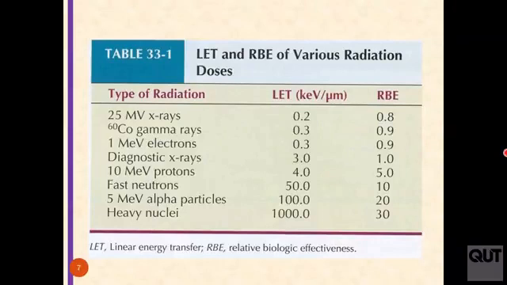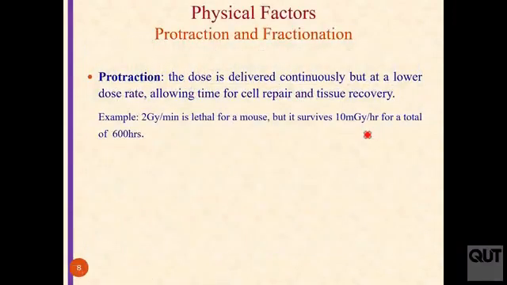X-rays and all photons are roughly about the same. They're given the same radiation weighting factors when working out the equivalent dose, but you can see there is a slight variation between the doses, for example across all of these photon type radiations.